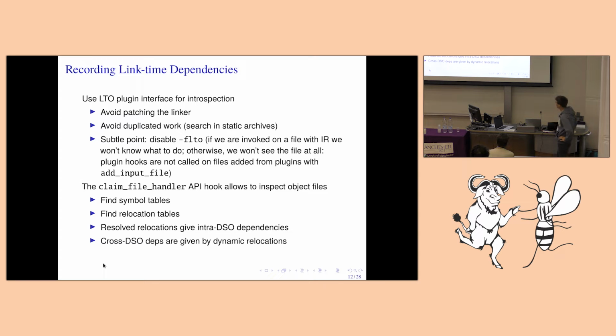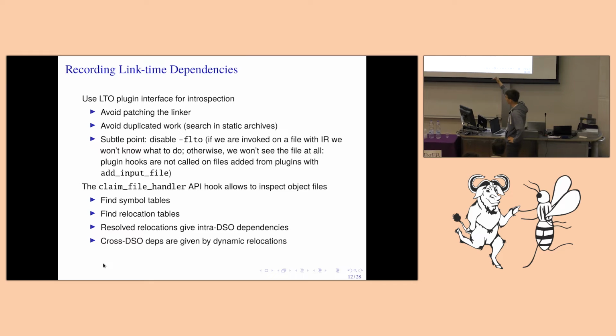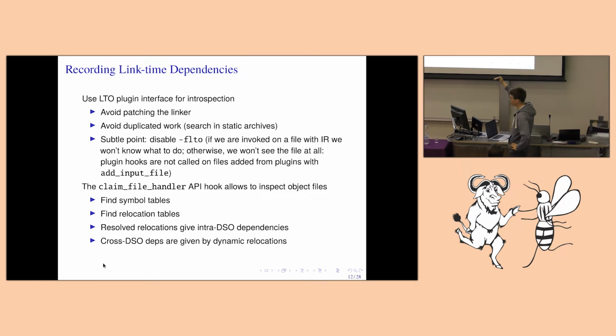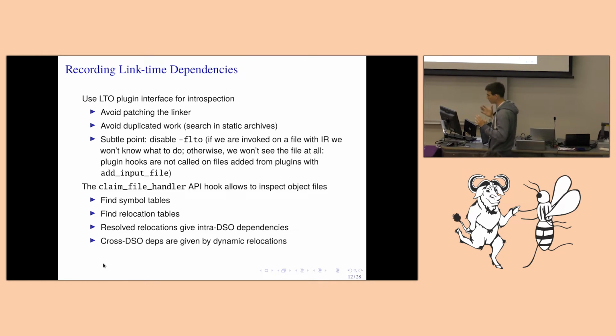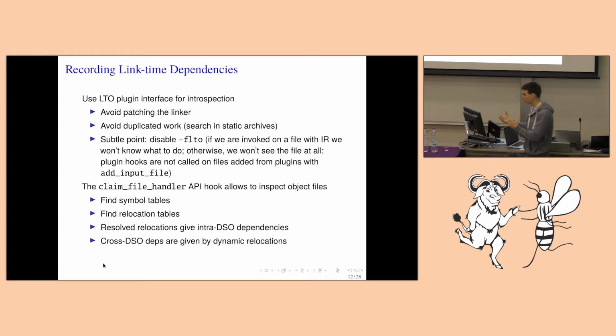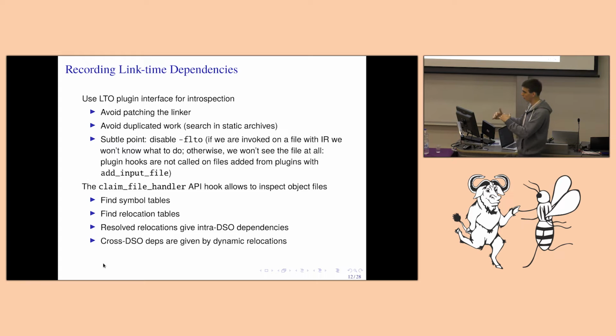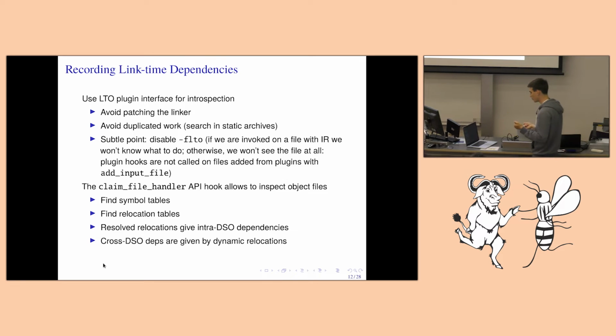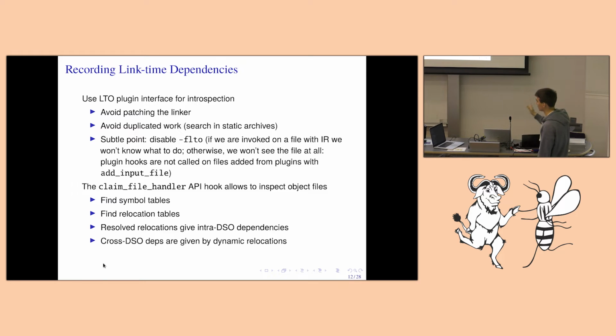LTO works like this. Well, basically, I already said that there is a claim file handler, which the linker calls. The plugin provides this handler, which the linker calls, asking it, "Do we want to claim this file?" And if the plugin claims, it knows what to do with it. It tells a symbol table to the linker, and then does its magic.